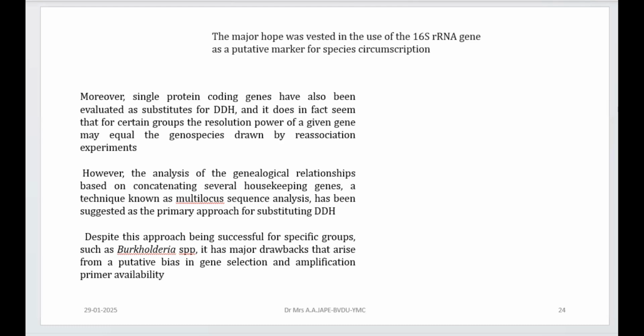That is another concern when you go with locus-based sequence analysis, maybe single locus or multi locus, because you have to have amplification, and the amplicon requires primers. Availability of primers for a new organism and a gene of interest whose functionality or sequence is yet to be discovered becomes a challenge. So these are a few points to be discussed when you are talking about DDH as a gold standard and what can substitute it, say maybe 16S rRNA.